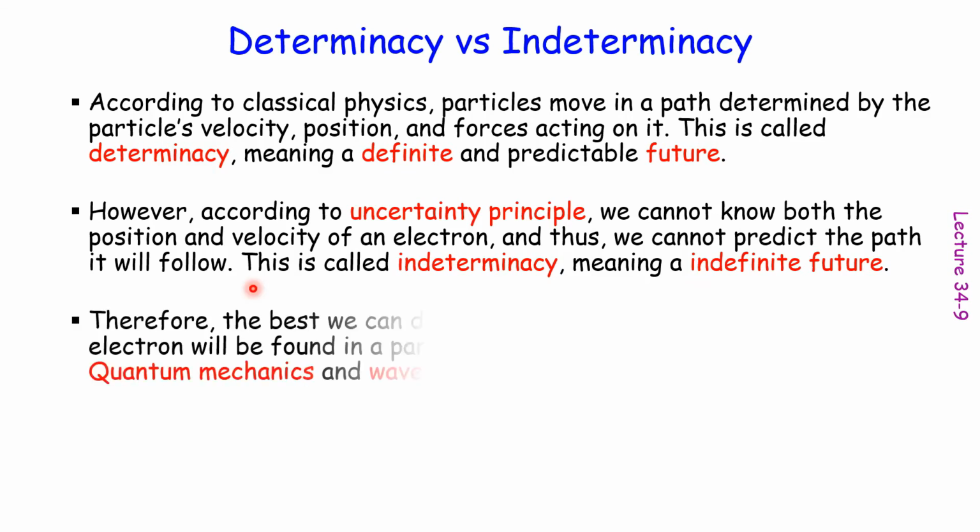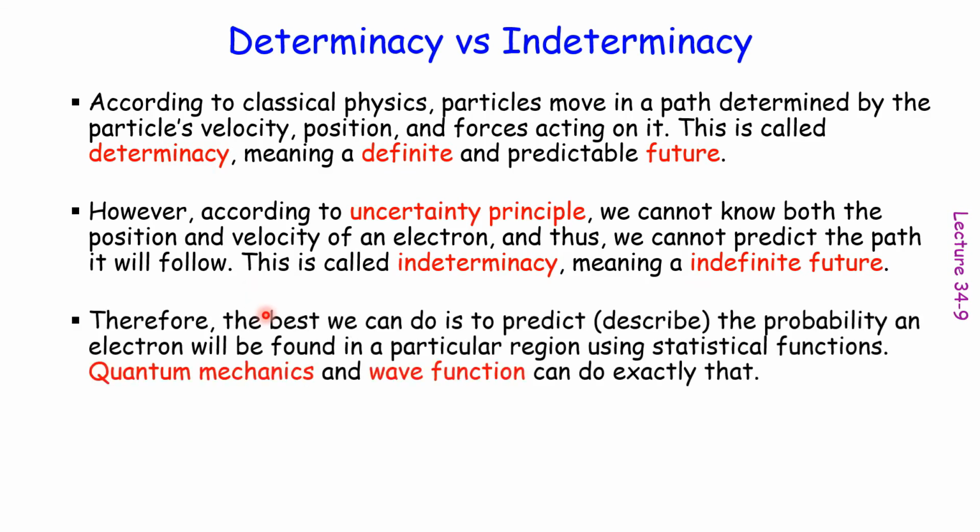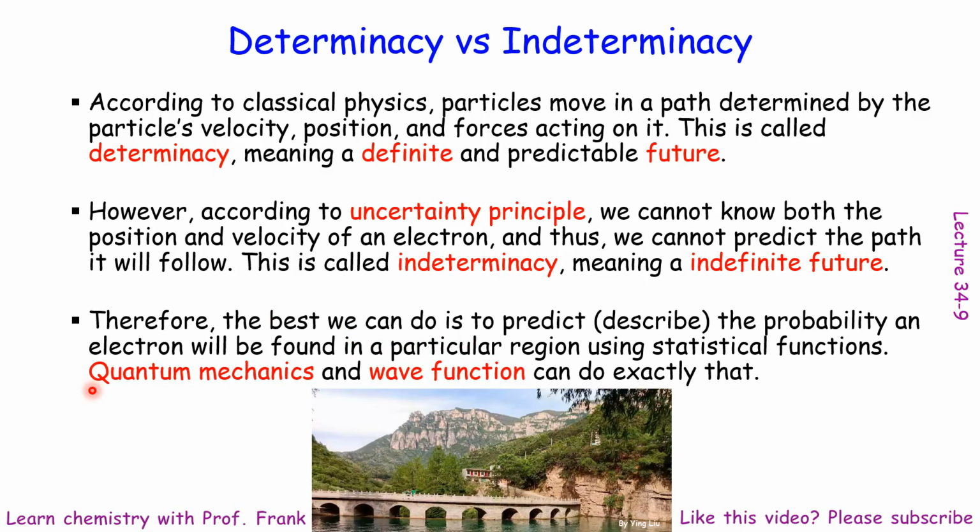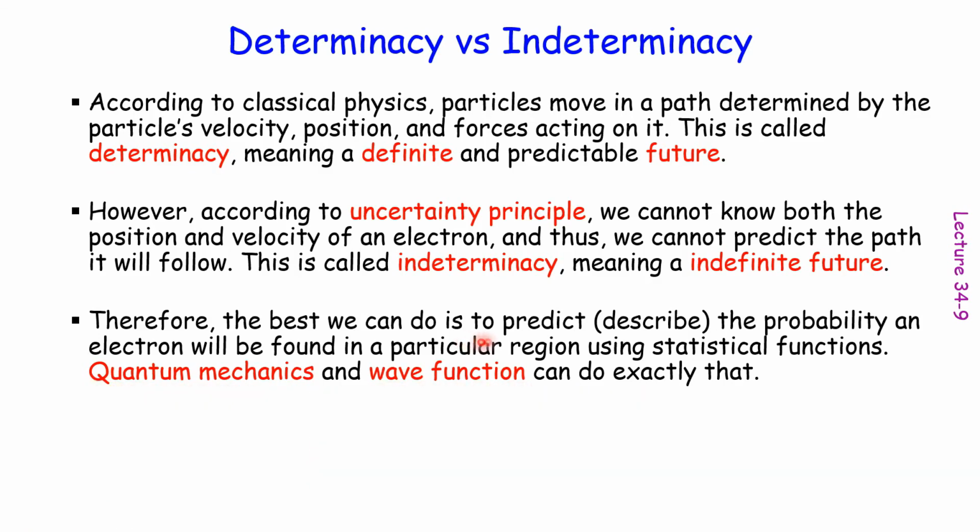Then how do we describe electrons in atoms? The best way we can do is to use quantum mechanics and wave function to predict the probability an electron will be found in a particular region.